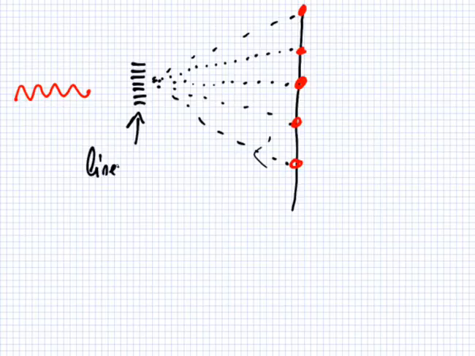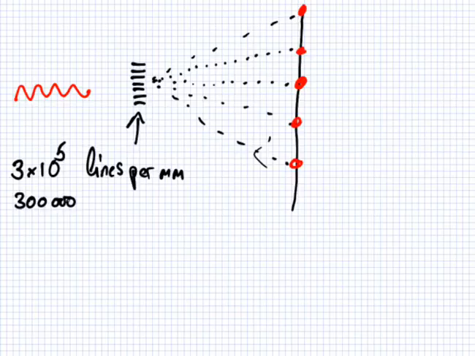Lines per millimeter, wasn't it? How many were there? 3 multiply 10 power 5. Okay, so there is 300,000 lines per millimeter.